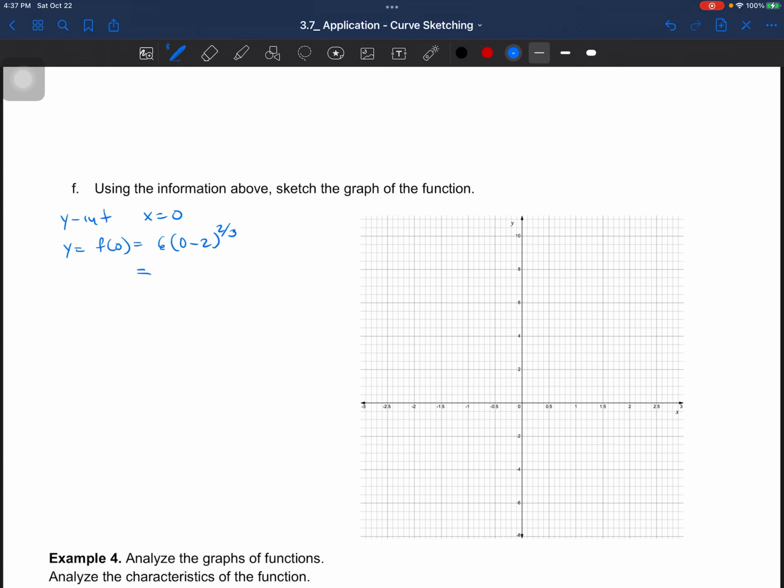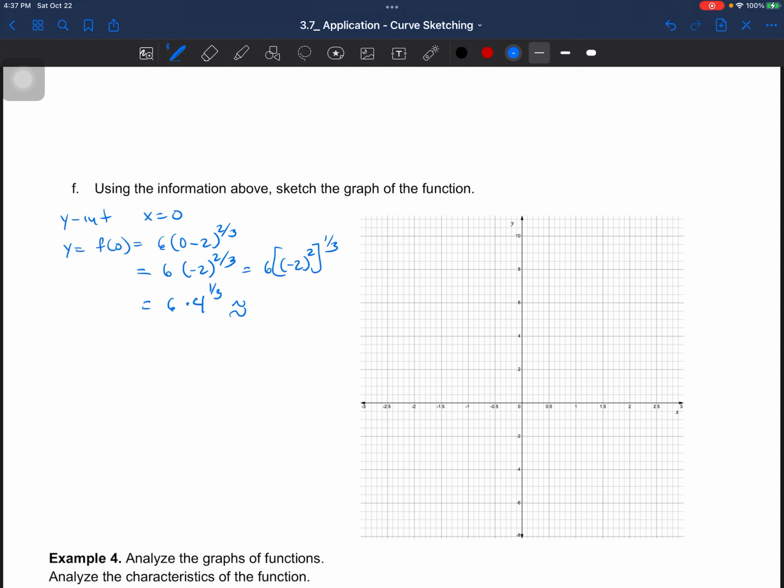y equals f of 0. This is going to give us 6 times (negative 2) to the 2nd power, sorry, raised to the 1/3 power.